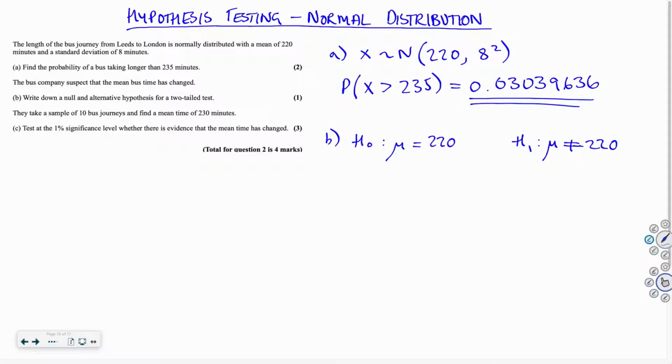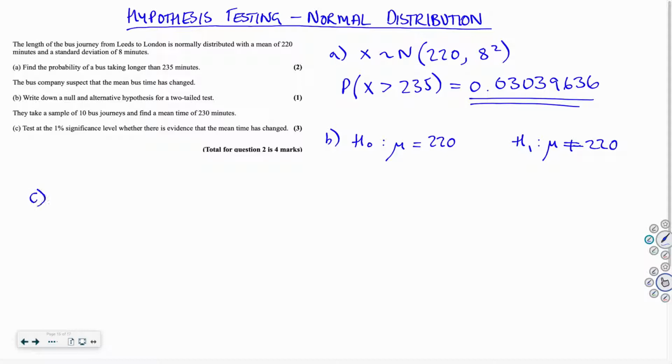Then it says they take a sample of 10 bus journeys and find a mean time of 230 minutes. C says test at the 1% level of significance whether there is evidence that the mean time has changed.